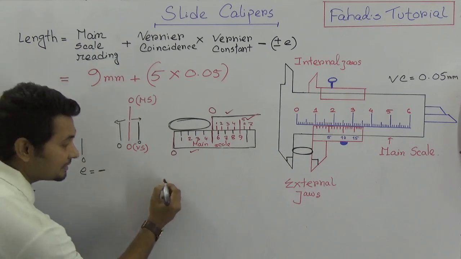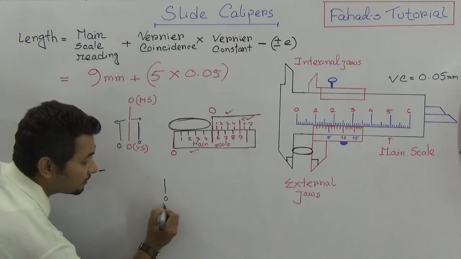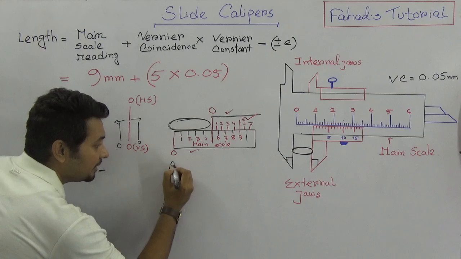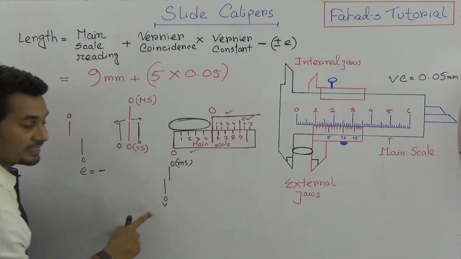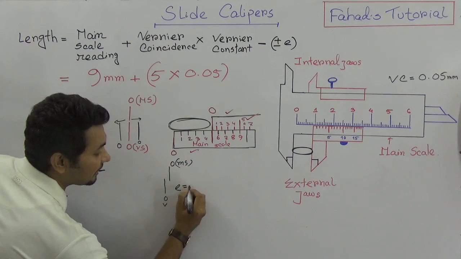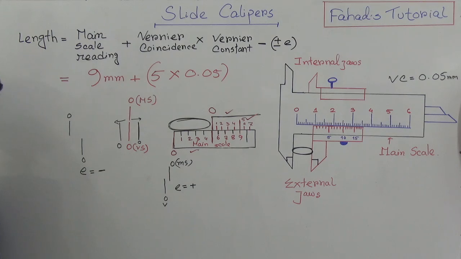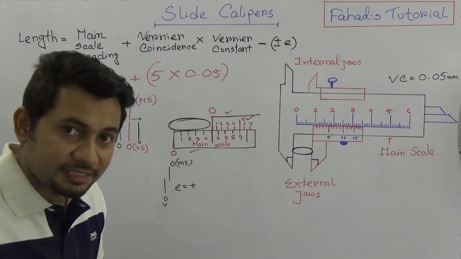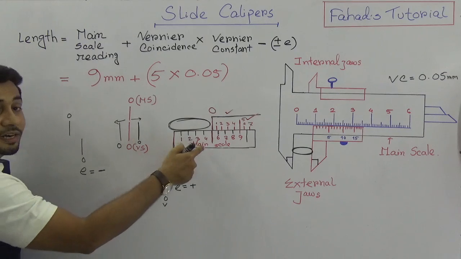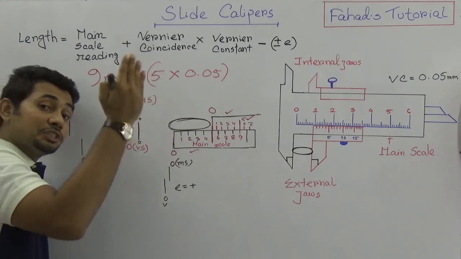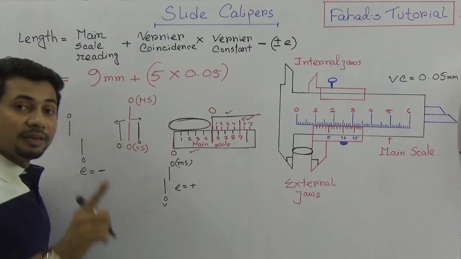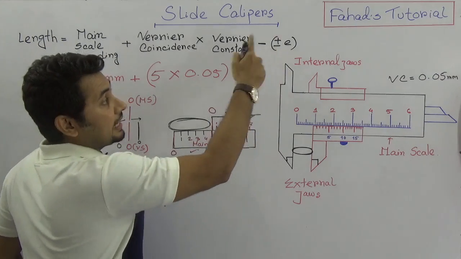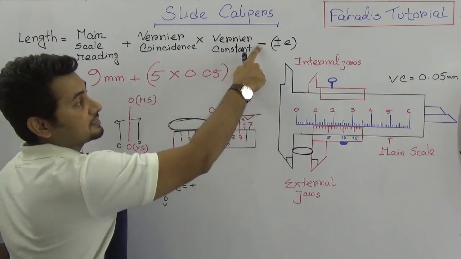But if the 0 of the Vernier crosses the 0 of the main scale, the error is positive. So for the plus or minus sign of the error: if the 0 of the Vernier scale can't reach the 0 of the main scale, it is negative, and then ultimately the correction should be positive, because the error is minus.